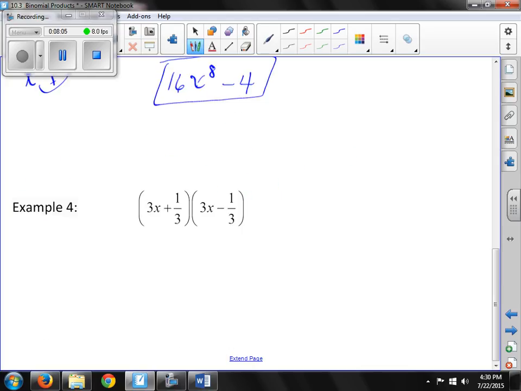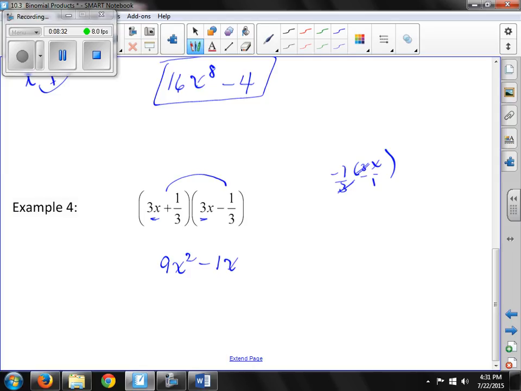On this one we have a fraction, but don't be alarmed. We do it the exact same way. Starting off with our first terms, 3x times 3x. 3 times 3 gives us 9, and x times x gives us x squared when we add the exponents. Now I have negative 1/3 times 3x, and you'll see the x's cancel so that I'll have negative 1, the 3's cancel so that I'll have negative 1x.